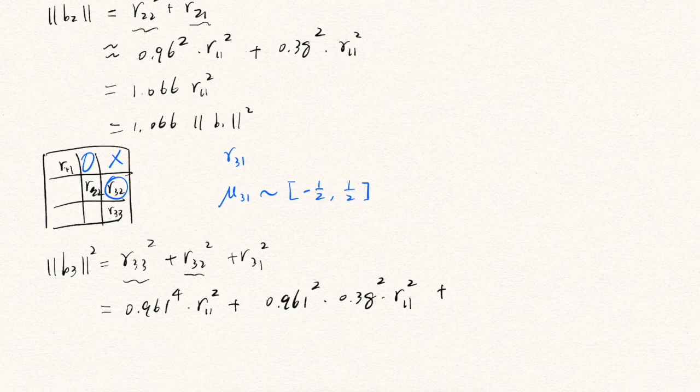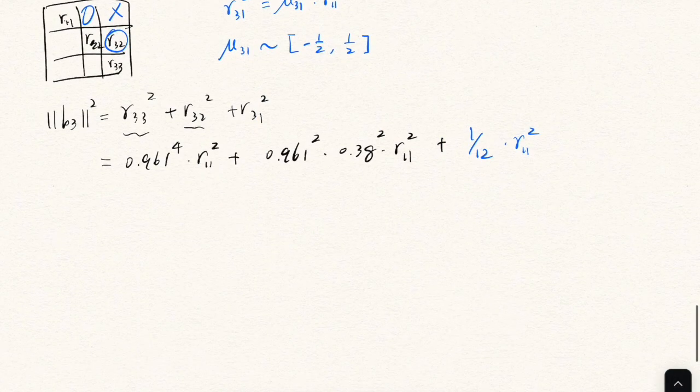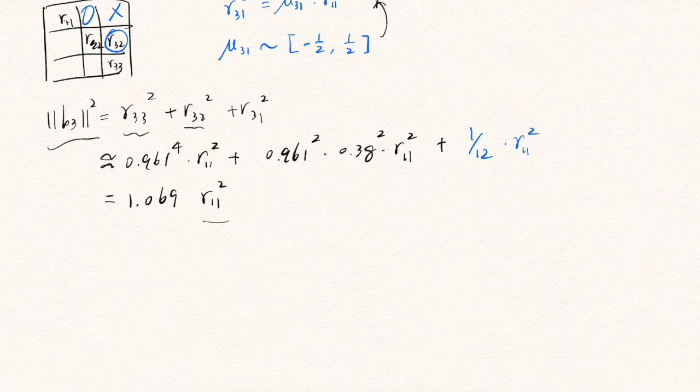So the R32 is kind of the 31, the square is times R11 square, right? So this, in expectation, you can work out yourself, is this one. Okay, so it's just simple probability. Now, so roughly equals to this. If you add them up, this will get to 1.096 R11 square. Okay, so in expectation, the B3 is also going to be longer than B1.